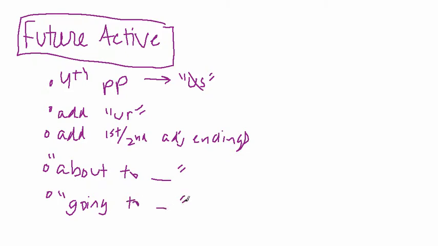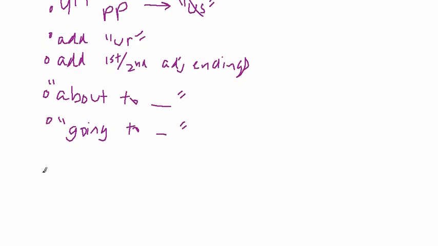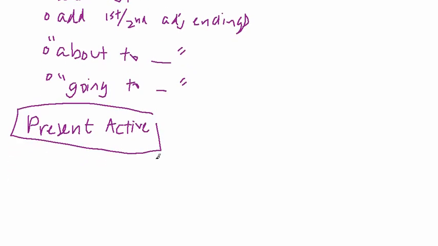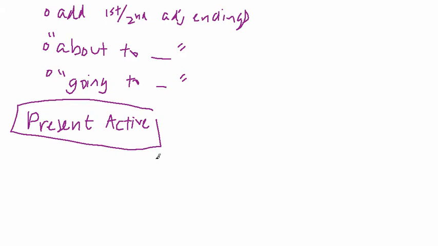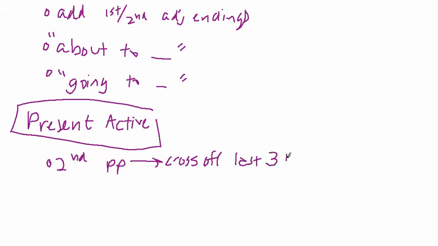Okay, so finally our third one is the present active. For the present active, you're going to take your 2nd principal part, not the 4th principal part, and you're going to cross off the last 3 letters, and then you're going to add a connecting vowel, the imperfect tense connecting vowels.